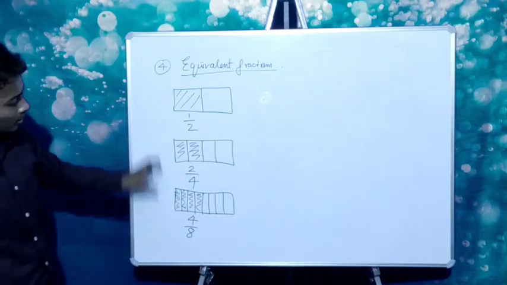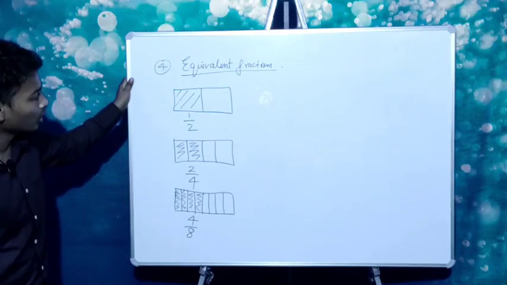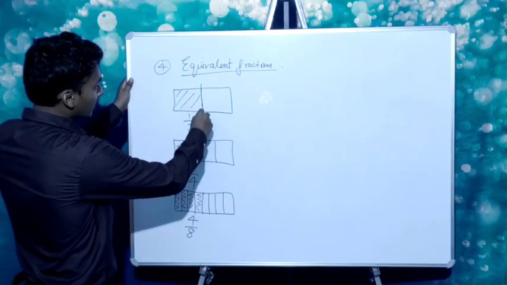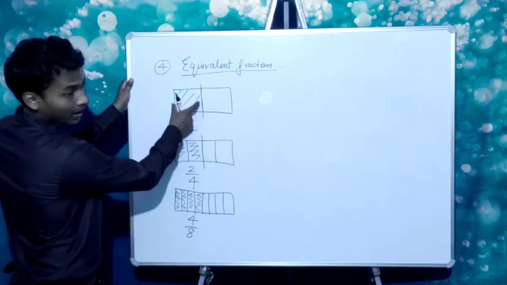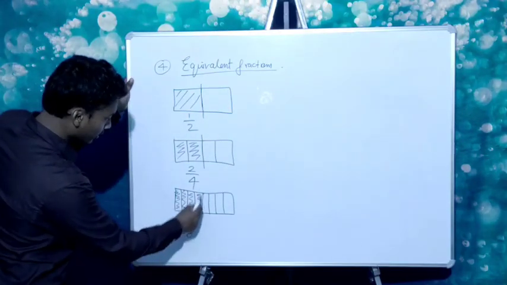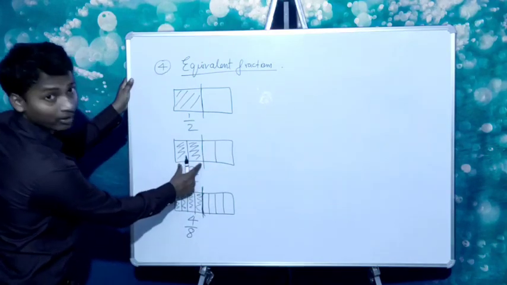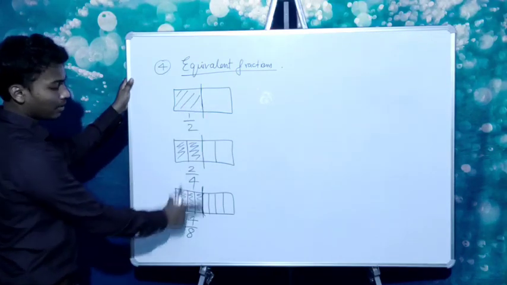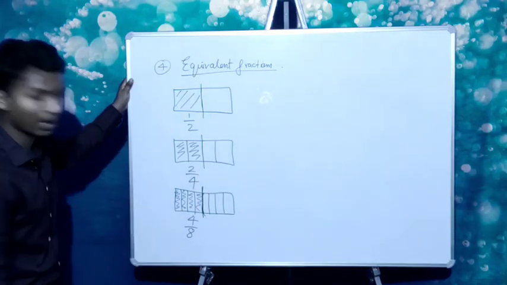Now out of these 3 fractional numbers, or the diagrams, what do you observe is common? We can see that if I divide the center part here, it is the same as the rectangle on the top, right? It is the exact half, the same half that was divided here and the same half that was divided here. So they were the same rectangles. The only thing I did was divide them into more fractional parts.